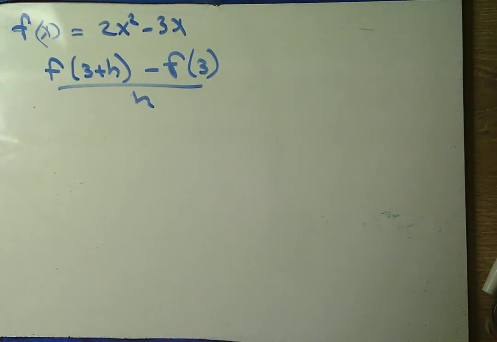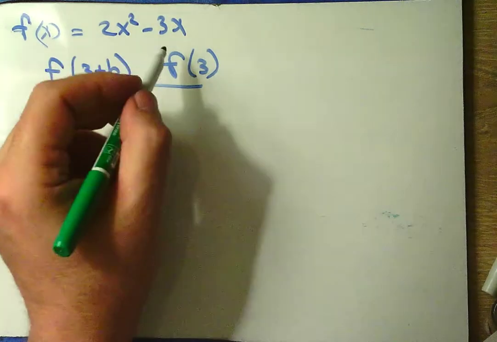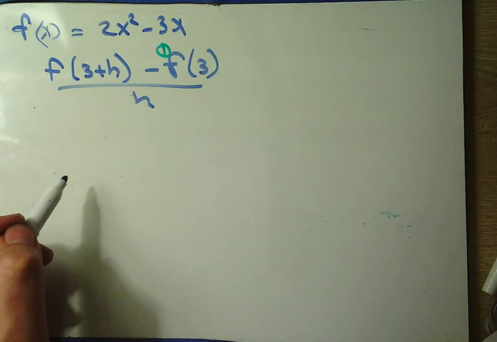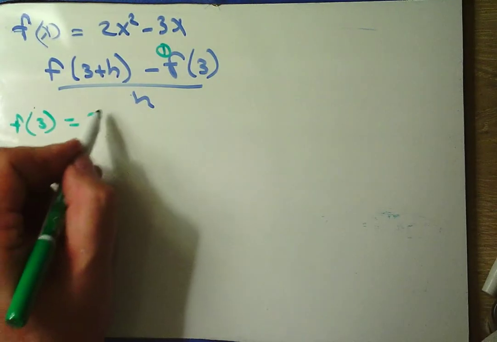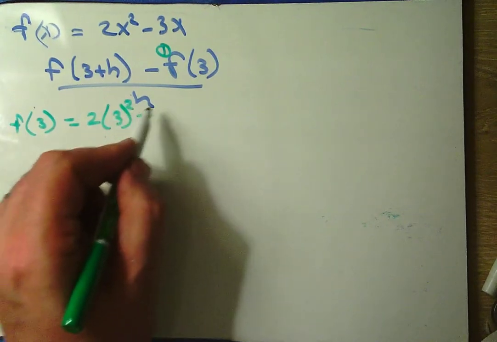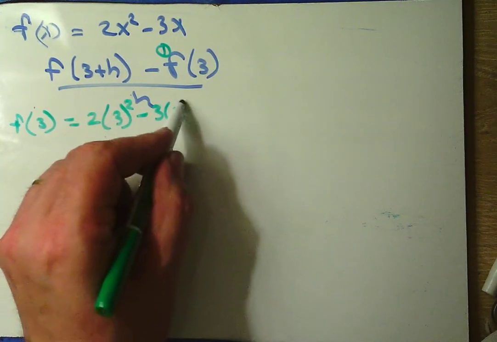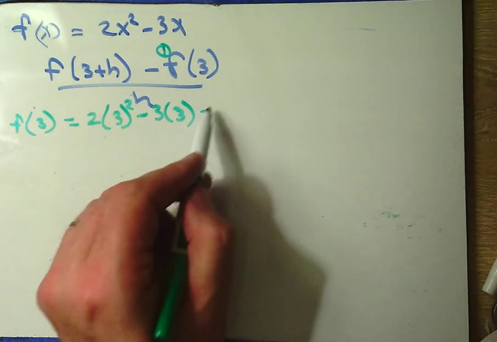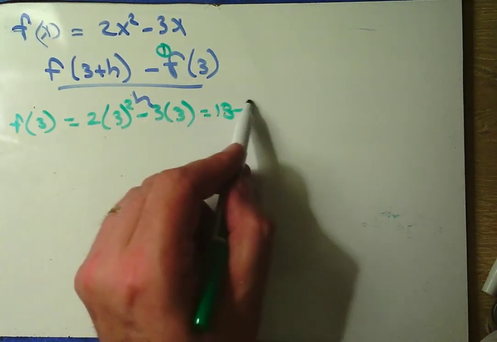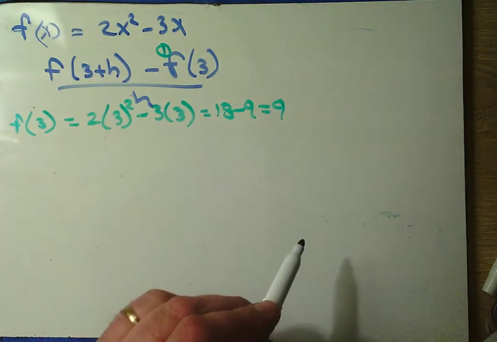And when we talked about the difference quotient, we said that this was a 4-step recipe. The first step would be to find f of 3. Well, f of 3 is what I get when I plug a 3 in for all the x's. 3 squared is 9. 9 times 2 is 18. 3 times 3 is 9. And so I get 9.